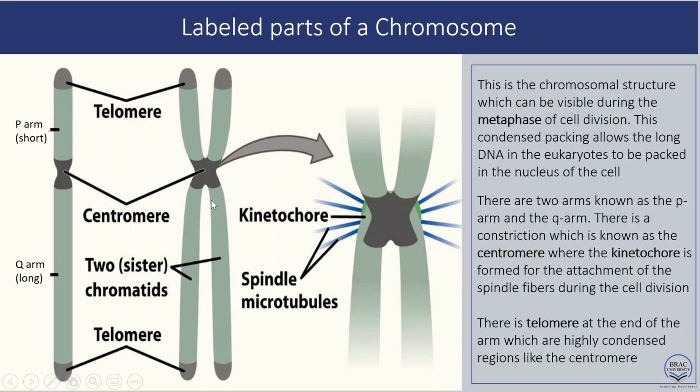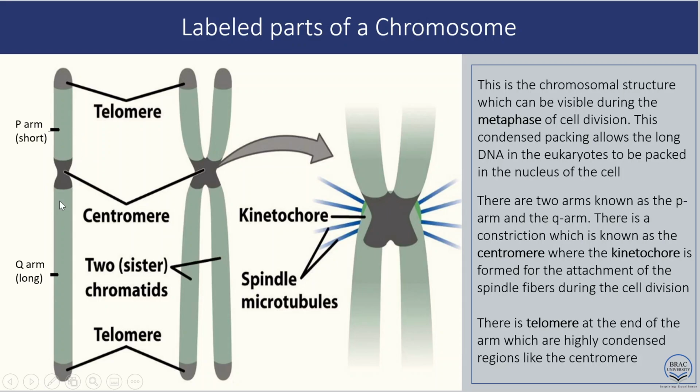So both are one chromosome, depending on the state of the cell cycle. Usually, all chromosomes have two arms. The short arm is known as the P arm and the long arm is known as the Q arm. We'll see different chromosome shapes depending on the length of these two arms.